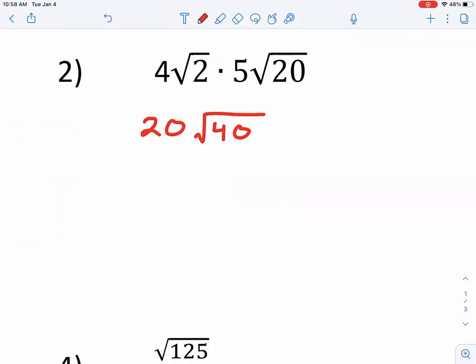So I just multiplied outside stuff and inside stuff. And now it looks just like our previous problem. We're going to leave the 20 for the end. But we'll do our factor tree for 40.